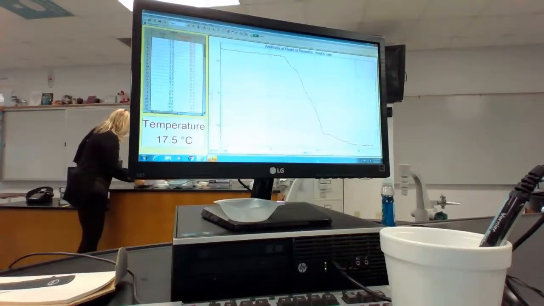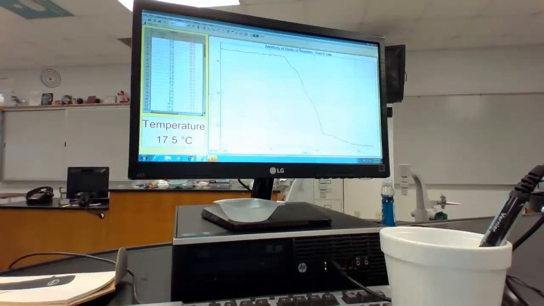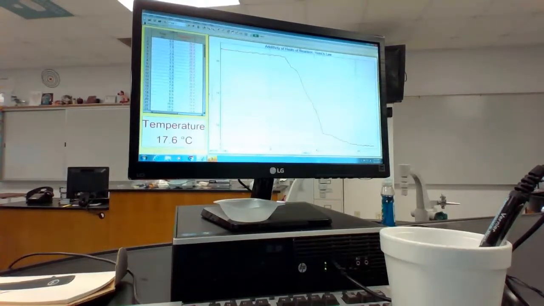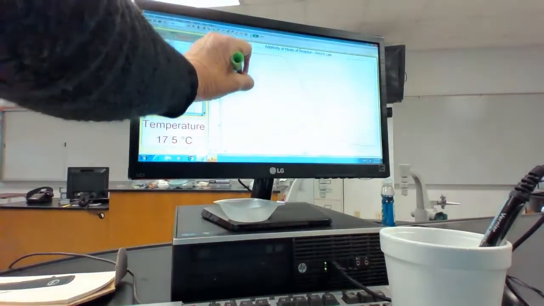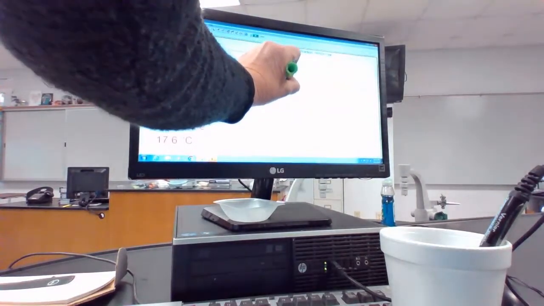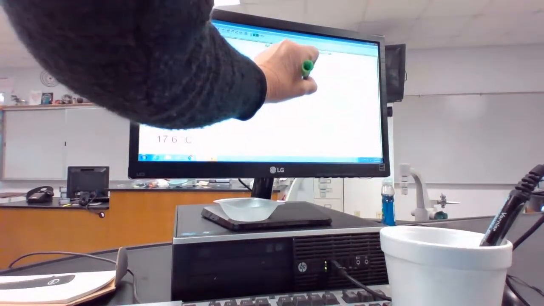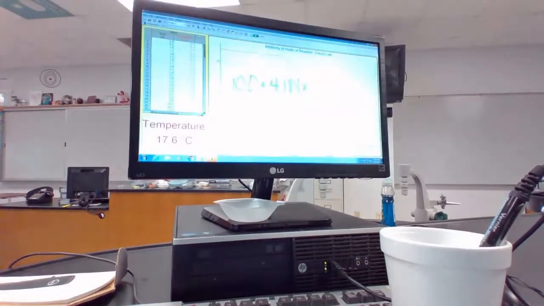And for those of you that are going, oh, I know that is going to be an endothermic reaction because temperature decreased, you are right. So we would have to be able to solve the Q equation for how much energy was absorbed by taking our mass of water, which was 100 grams, and multiplying it by the specific heat capacity of the water, which was 4.184, and multiplying it by my temperature change.